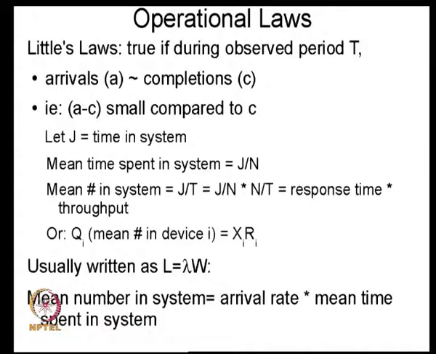As long as you are not in that pathological situation, these two are essentially equivalent. So if you are in a reasonably stable situation, without any assumptions about distributions, this particular rule is often applicable.